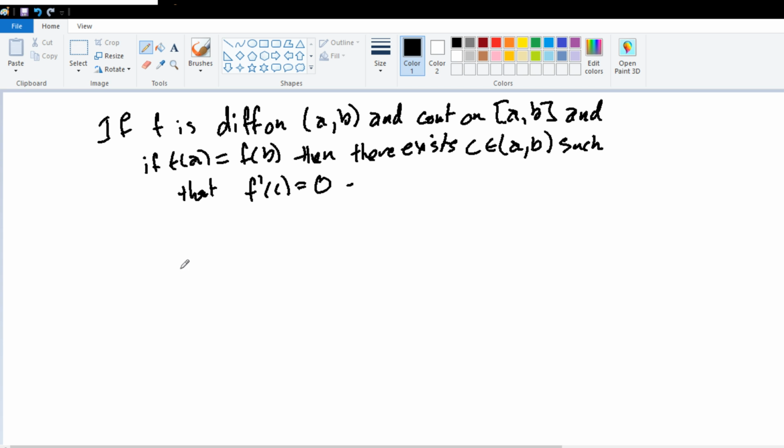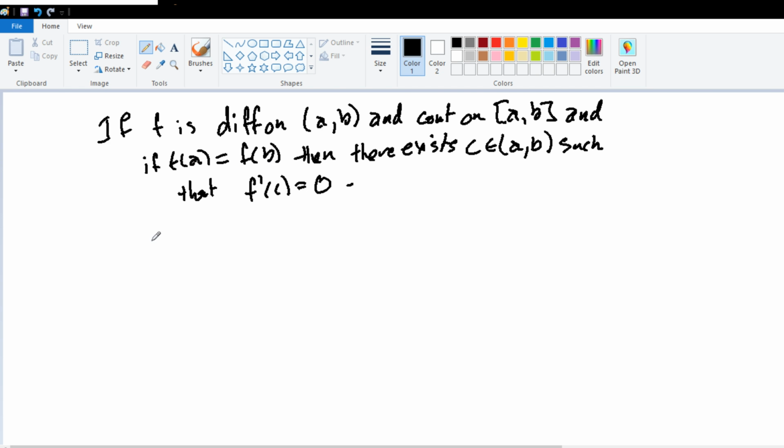Okay, so that is Rolle's theorem. The hypotheses of Rolle's theorem are differentiable on an open interval, continuous on the closed interval, with the same endpoints, and the endpoints have the same y values when plugged into f.